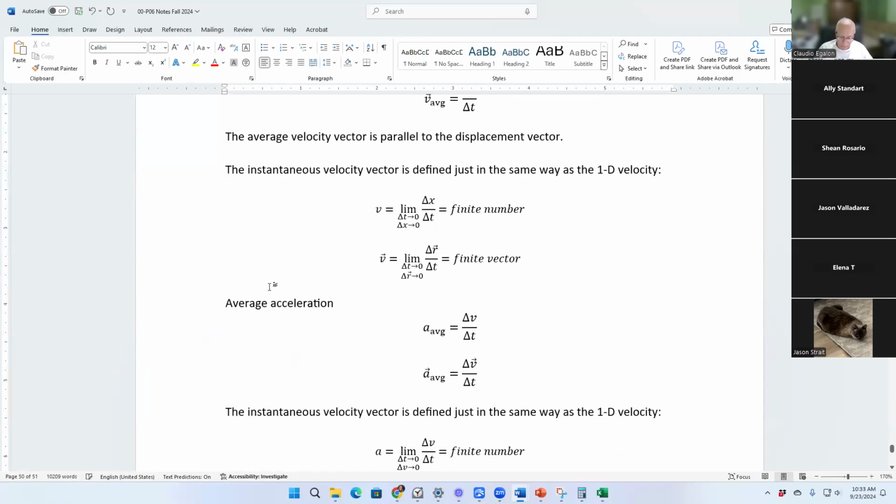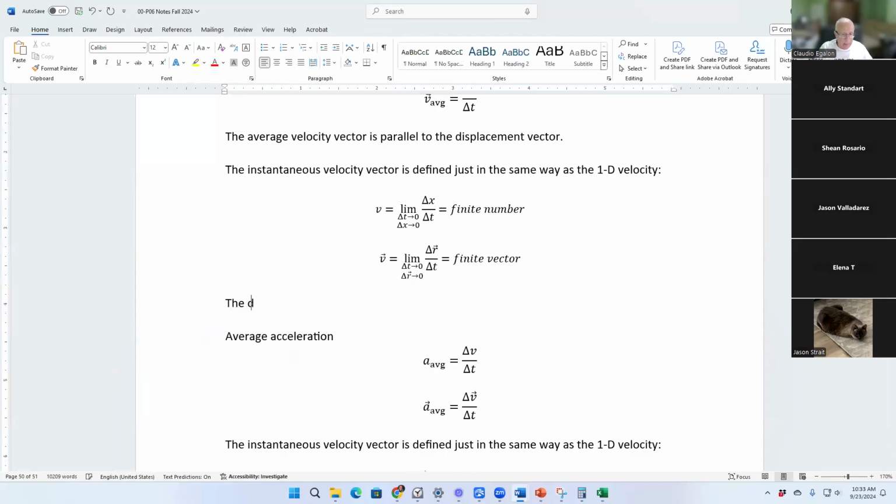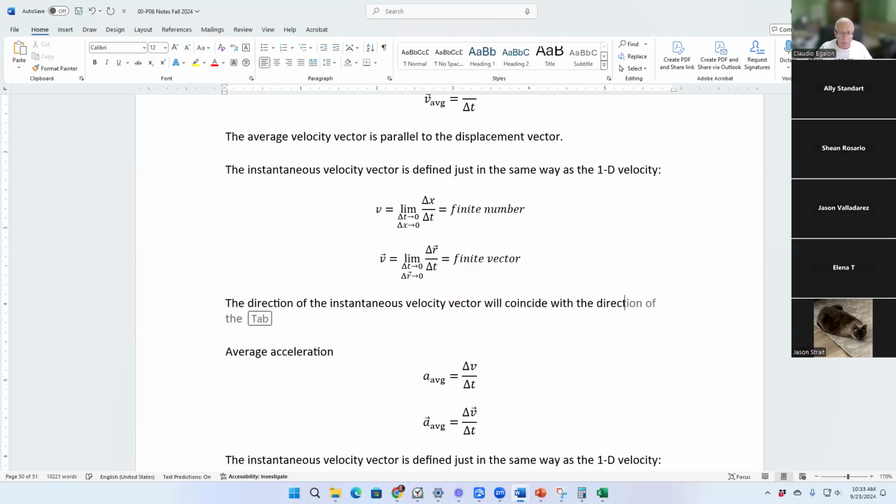Here, the direction of the instantaneous velocity vector will coincide with the direction of the displacement vector as it tends to 0, right? As it tends to 0.